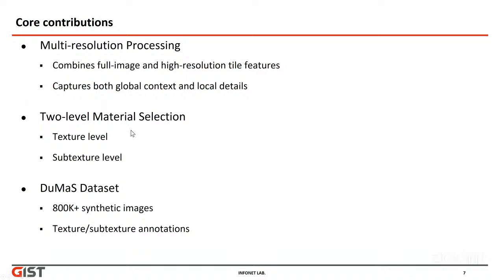The second is two-level material selection, so the model can handle both the texture level and the subtexture level. And it comes with the GMAS dataset, which is composed of 800,000 synthetic images with annotations.